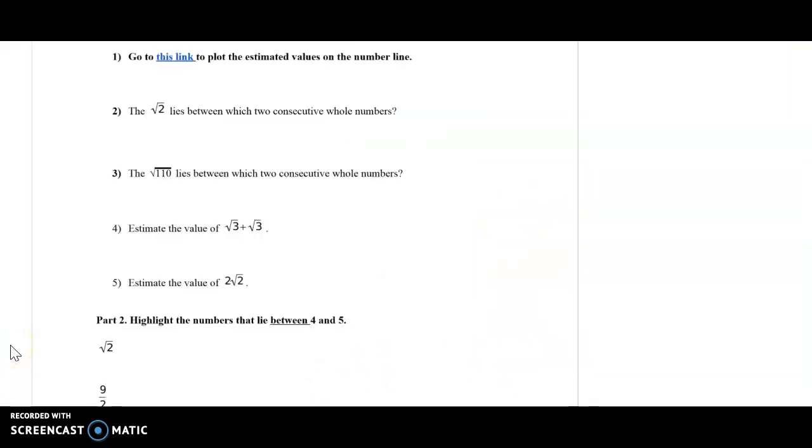Going back to our worksheet, we are thinking about the square root of 2. Well, if I think again about a number line, I know there are a few perfect squares that I know. I know that the square root of 1 is equal to 1. And I know that 2 is equal to the square root of 4. And I know that 3 is equal to the square root of 9.